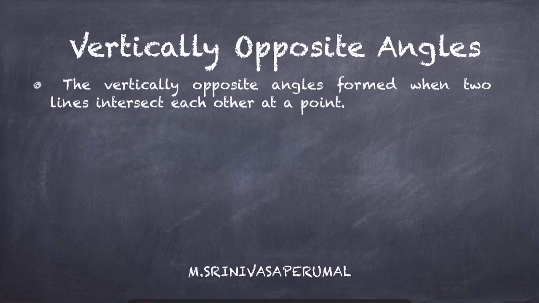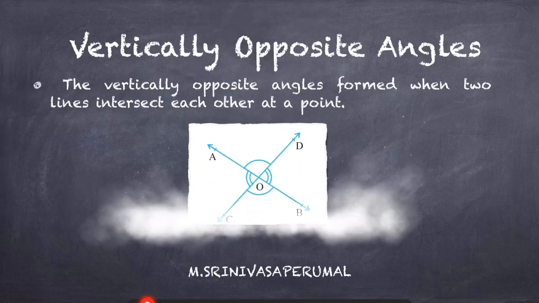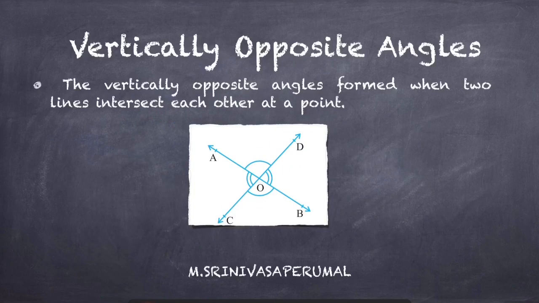Next one, vertically opposite angles. Vertically opposite angles are formed when two lines intersect each other at a particular point. Consider a diagram. If AB and CD intersect at the origin O, these two angles are vertically opposite angles. For example, if this is 80 degrees, then this one is also 80 degrees, the same.